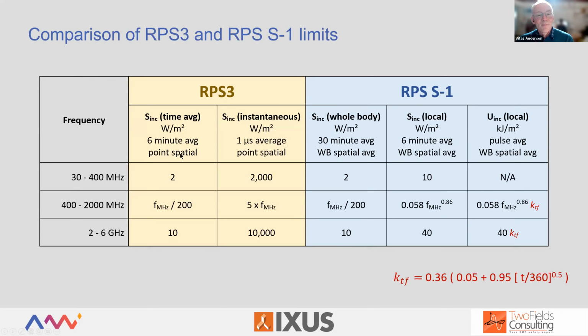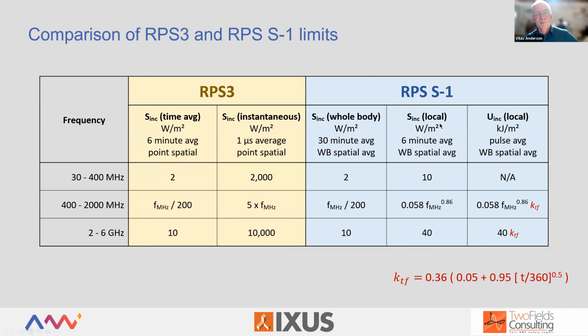But the other big difference is that whereas RPS 3 allowed point spatial assessments, in the RPS S-1, it actually mandates whole body spatial averaging of the fields. And that's what I really want to talk about in a lot more detail in our presentation today.